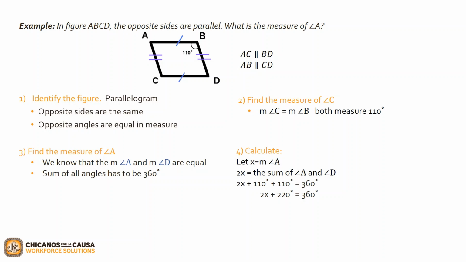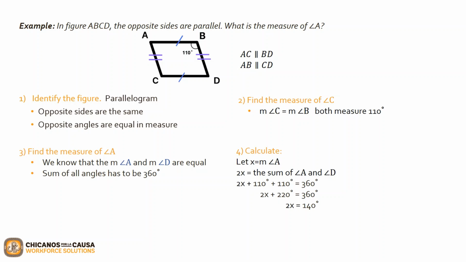In this case, because we have a positive sign on one side and we want to get rid of it, we are going to subtract 220 from both sides, leaving us with 2x on one side and 140 degrees on the other. The next step, in order to isolate the x, is to divide by 2.